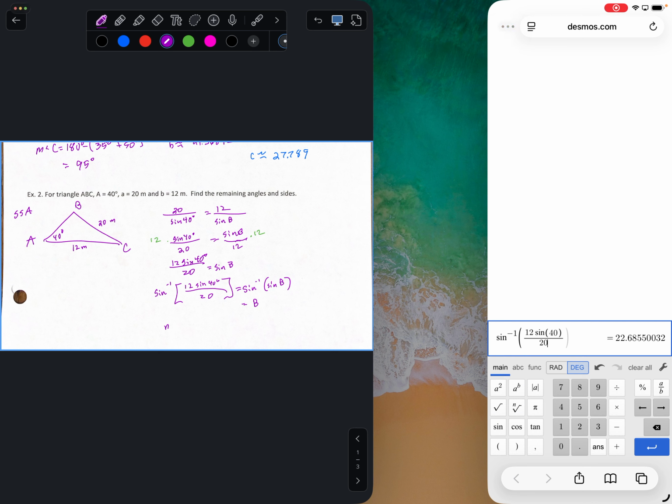And I'm going to need to use the measure of angle B to find the measure of angle C. So I'm going to write out a few extra decimal places.